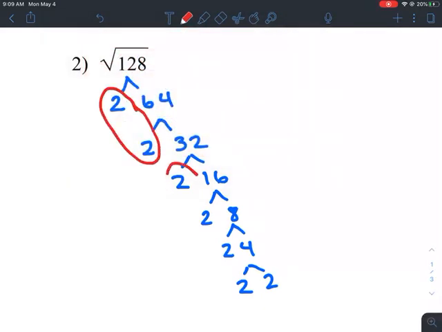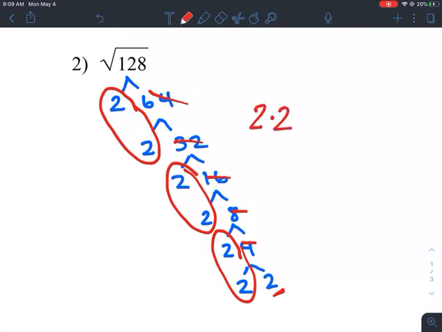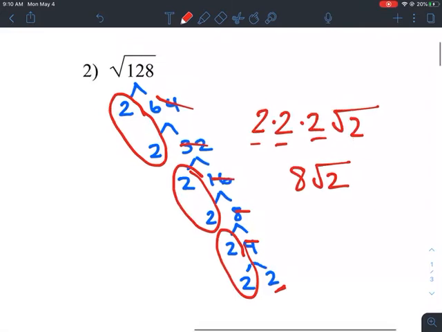So every time I have a pair of 2s, I'm going to circle them. These are all gone. Then I have one 2 left. So on the outside, I have 2 times 2 times 2, one for each group. And then on the inside, I have my leftover 2. So if I multiply these together, 2 times 2 times 2 is 8. So I have 8 radical 2.